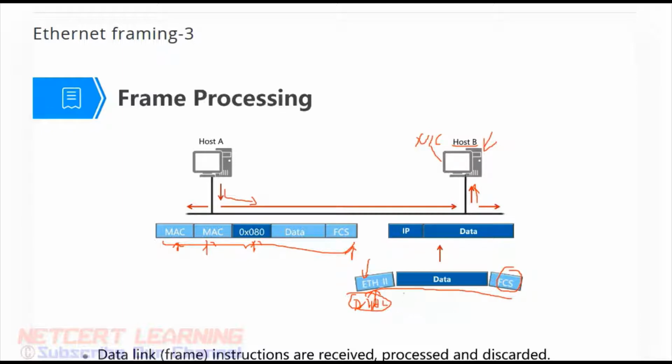If it's the same, the frame header and trailer are stripped, and the data, which is the IP packet, is forwarded to layer 3, where the layer 3 protocol stack processes this IP packet. This is how a frame is processed by the host.